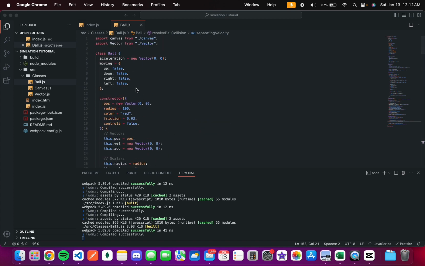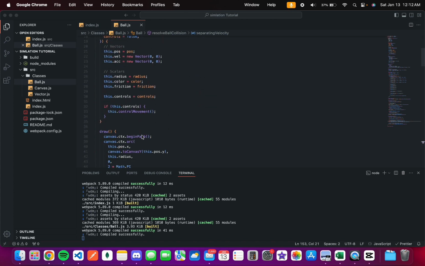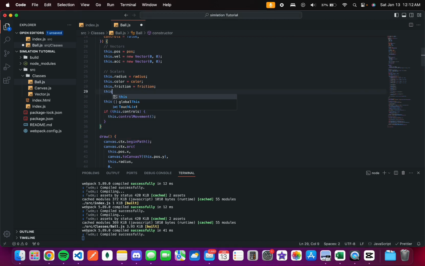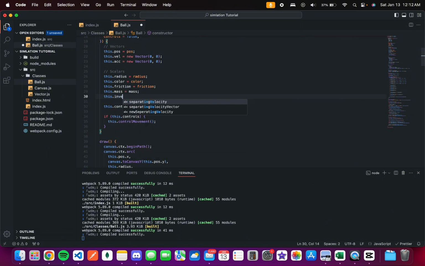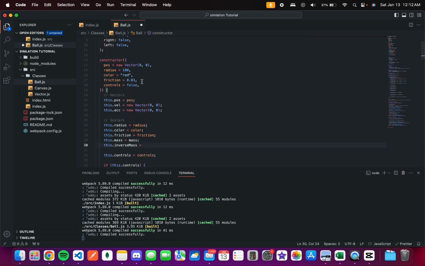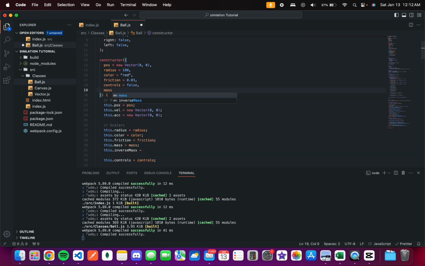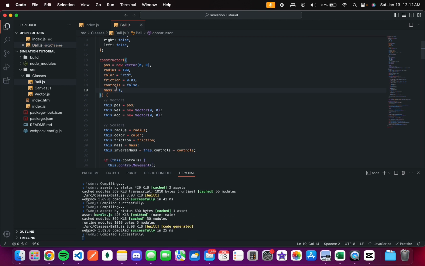So first off, let's just go to the ball, and for this we're going to be doing this.mass equals mass, and this.inverseMass equals a ternary operator, and we're just going to put mass over here. This is going to be in kilograms, I guess. Actually, we won't worry about units.